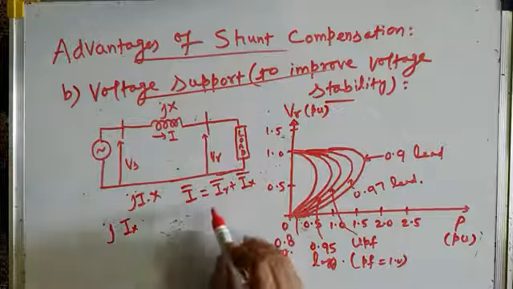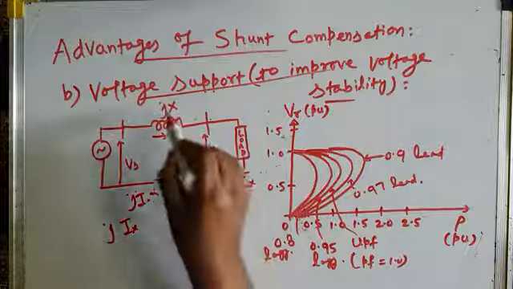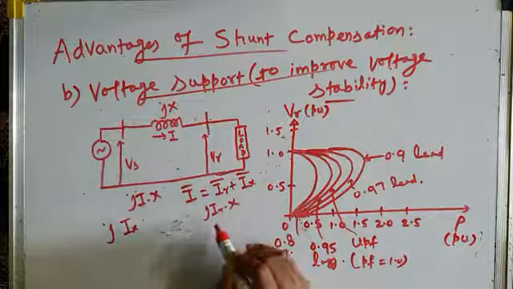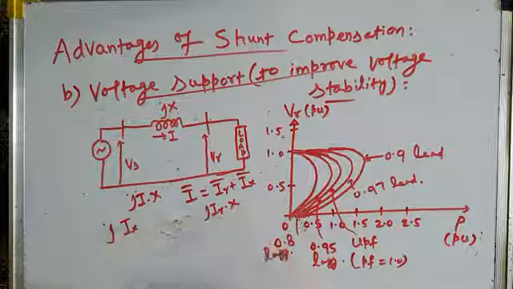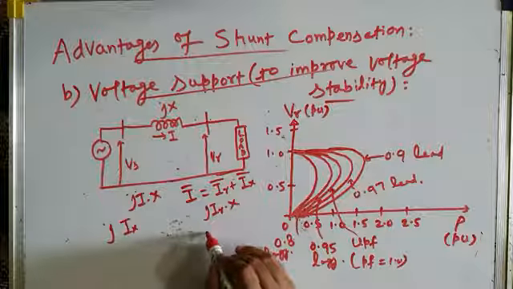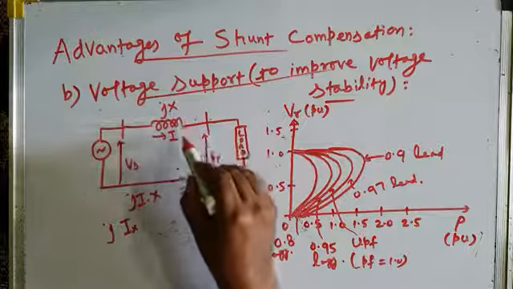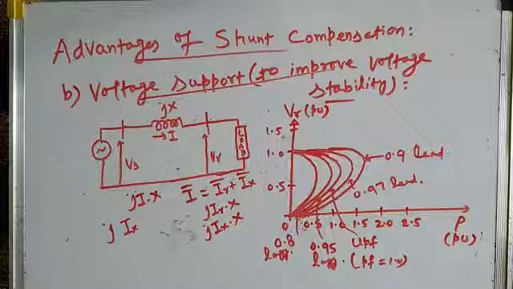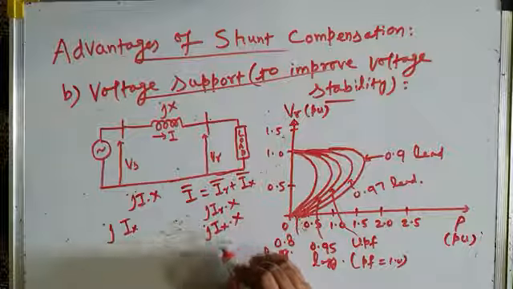So out of the two drops, one is the Ir into X drop, the voltage drop across the transmission line reactance because of the active power or the in phase component of current, and another drop is Ix into X, which is the voltage drop across the transmission line reactance because of the reactive power flow or the quadrature or reactive component of current.